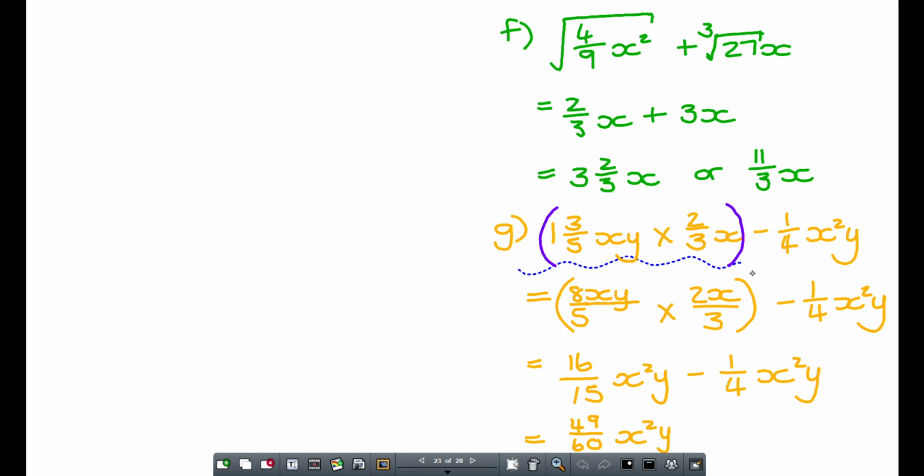Now, before I can multiply, I wrote them as improper fractions. And 1 and 3 over 5, that will become 8 over 5. And you'll see that I wrote the xy at the top. Times. This x I just wrote at the top, so that's how I got to 2x over 3. Any questions there?